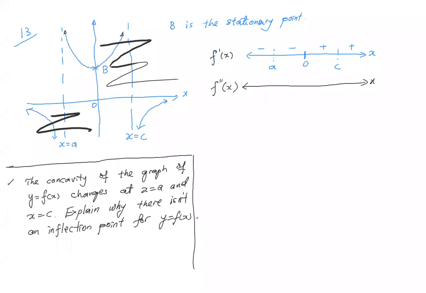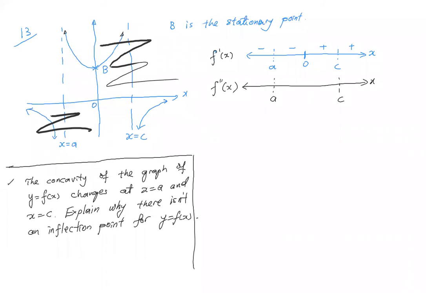Sarafina, is it 0? 0 is not, because 0 is not the inflection point. 0 is the stationary point. I must mark down the vertical asymptote, A and C. So what is the sign for x less than a?